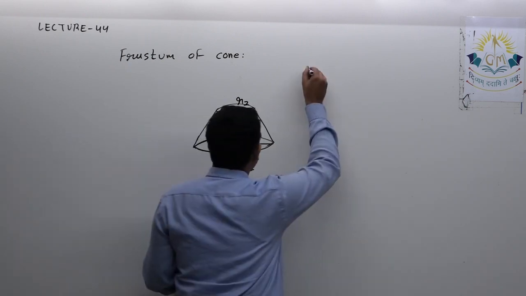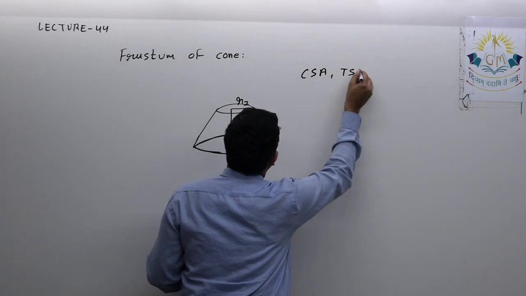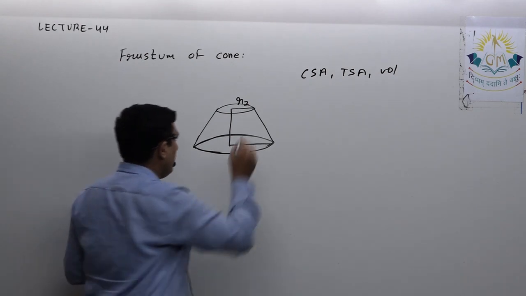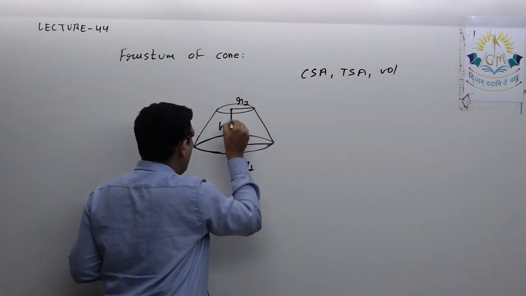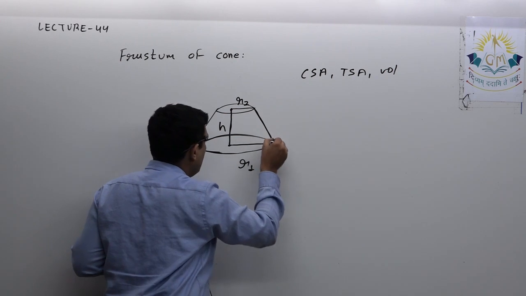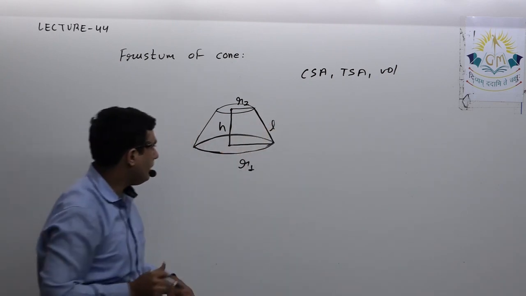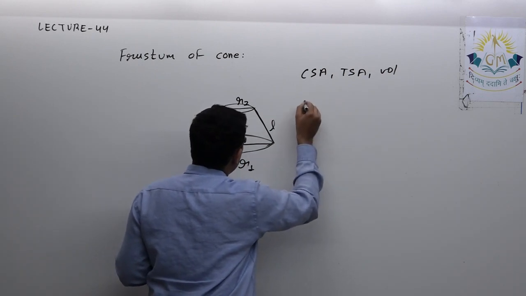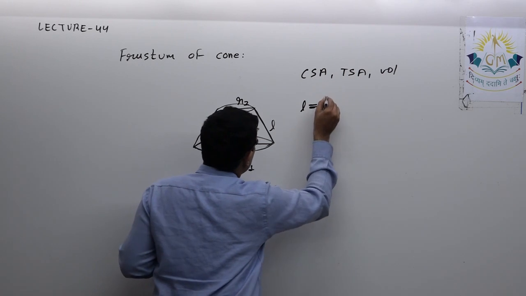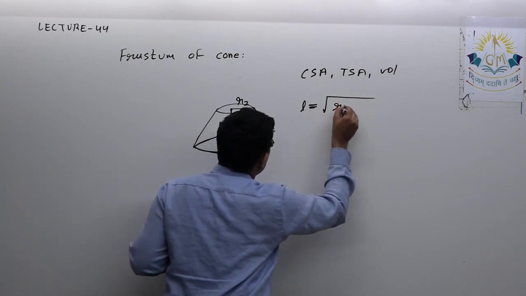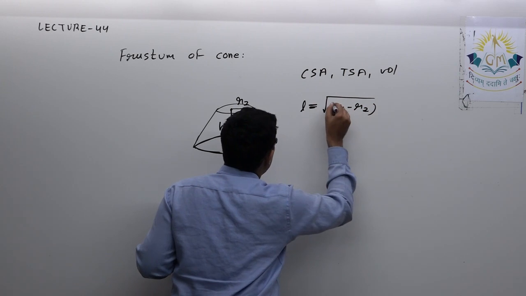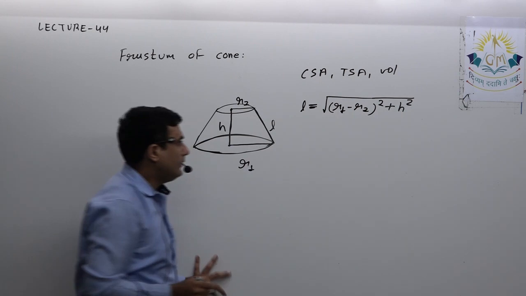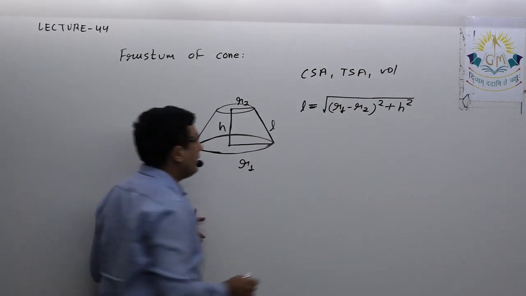Then we can find its curved surface area, total surface area and volume. This is the height H of the frustum, and L is the slant height. The slant height is given by L = root of (R1 minus R2) whole square plus H square.